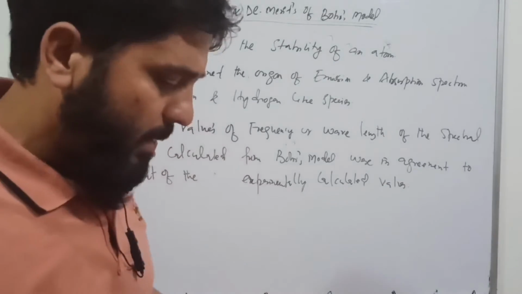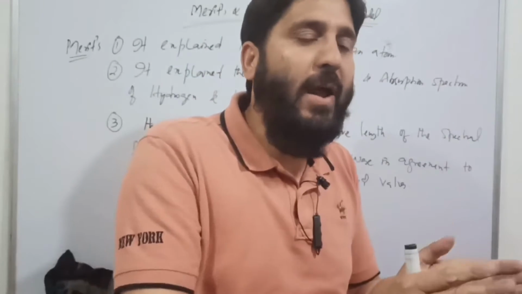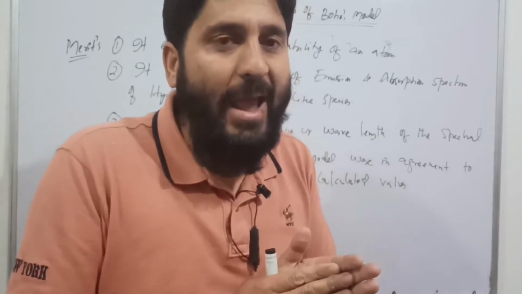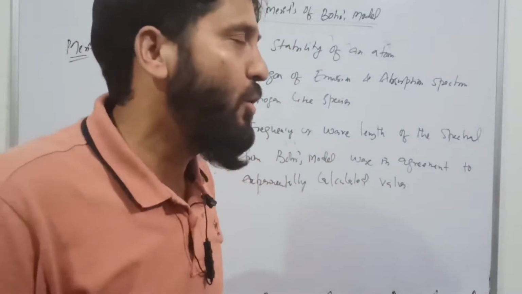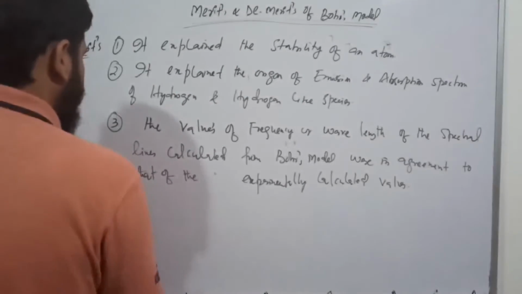So the values calculated from Bohr's model and the experimentally calculated values were matching, in agreement with each other. So this proves that Bohr's calculations were correct.